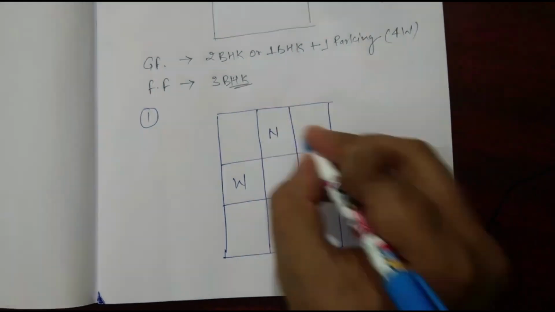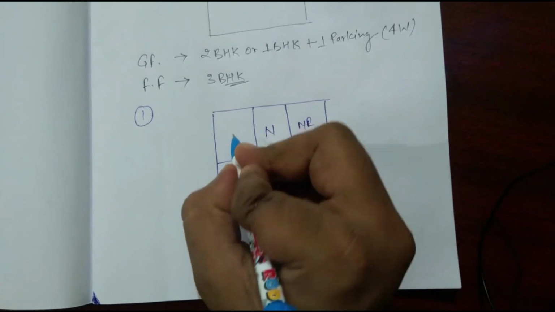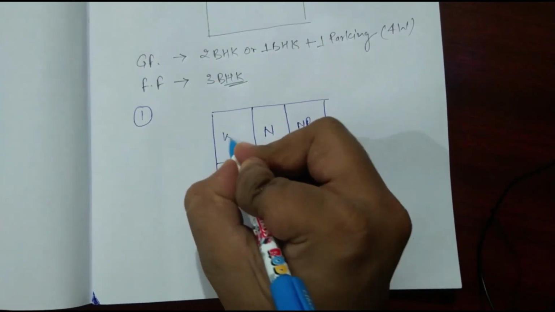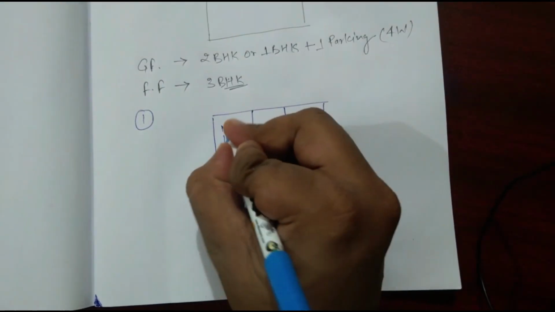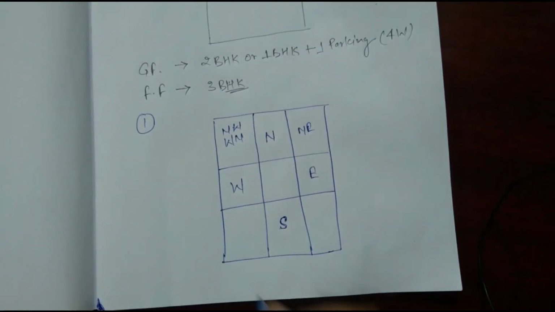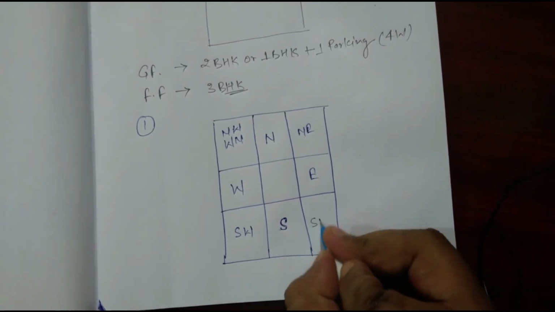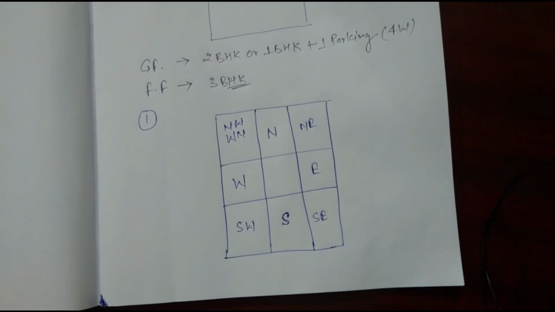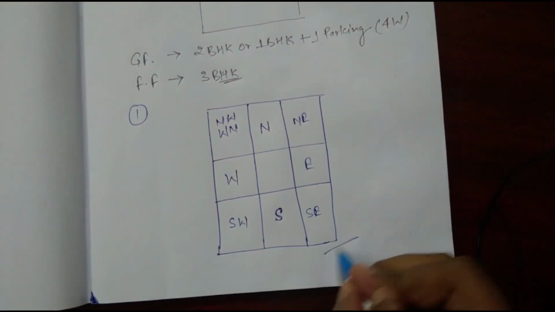Now we can also name the other directions: this is the northeast, this is the northwest (NW), this direction is the southwest, and this is the southeast. So all the directions have been named, and after that we'll move to the next step.